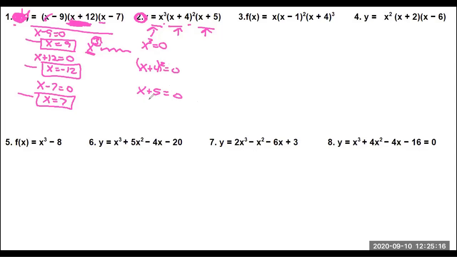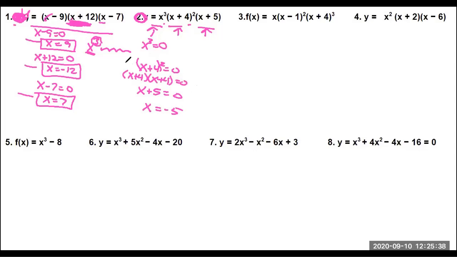if I solve this, Isabel, what would I get? What would x equal? -5. Awesome. That's where one of my zeros is. Now, if you take a look at this, x plus 4 squared, Isabel, doesn't that mean x plus 4 times x plus 4?